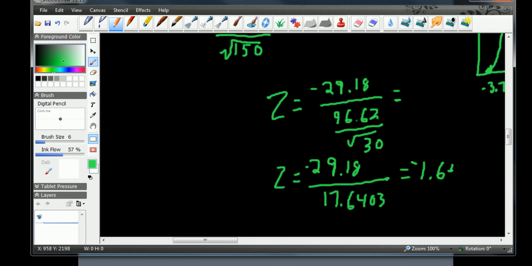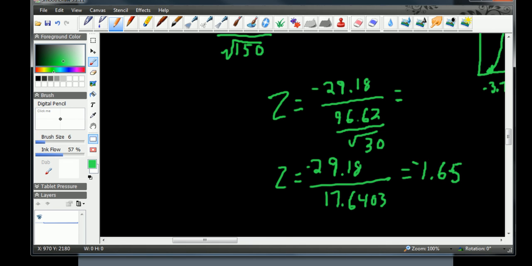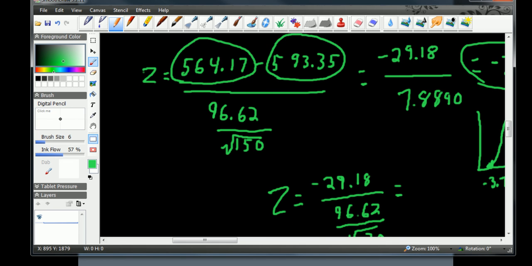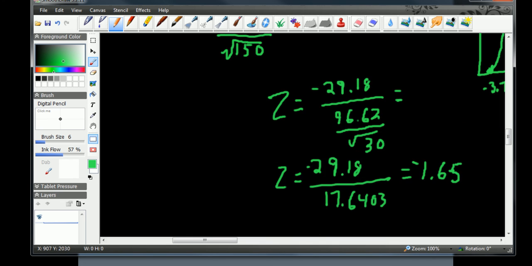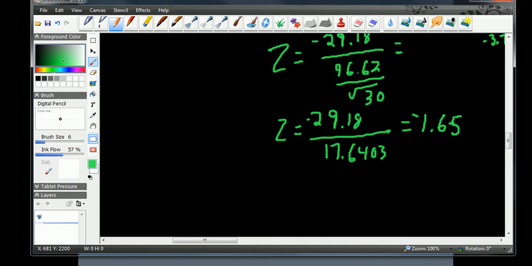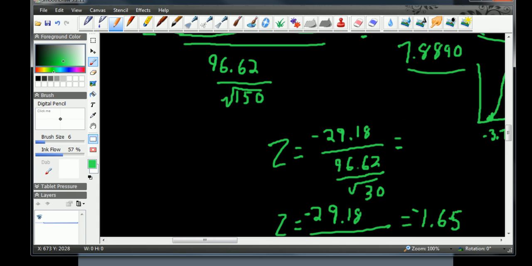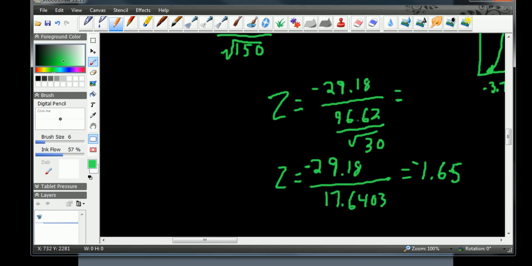So what happened here is because our sample was much smaller, was 30, our standard error, as you'll notice, went way up. Our standard error before was 7.88 because we had a large sample. Now with the same situation but a much smaller sample, our standard error is 17.64.